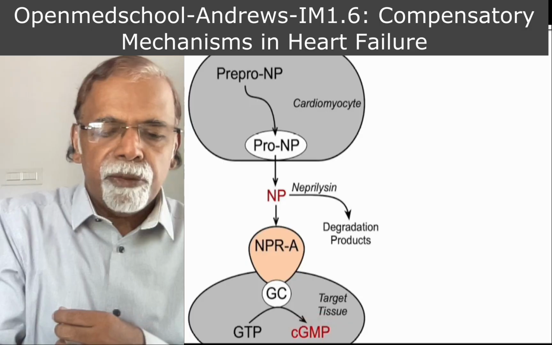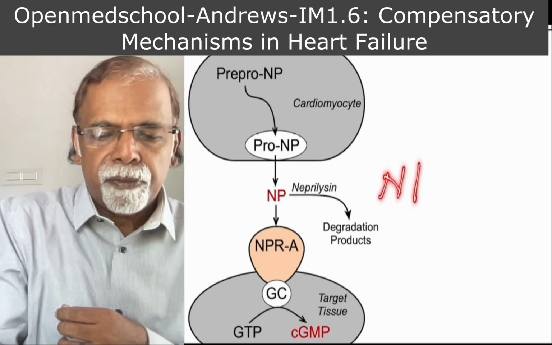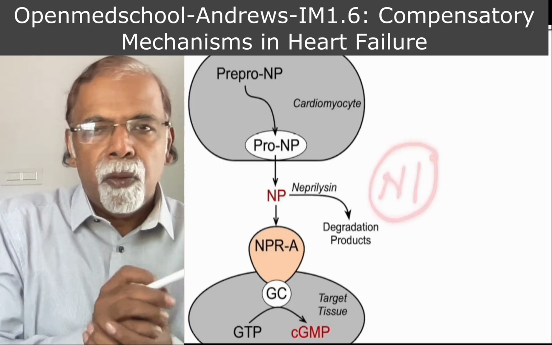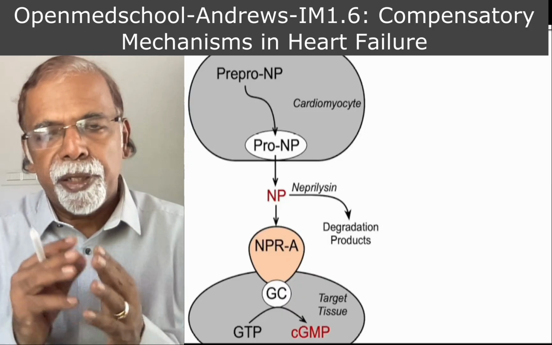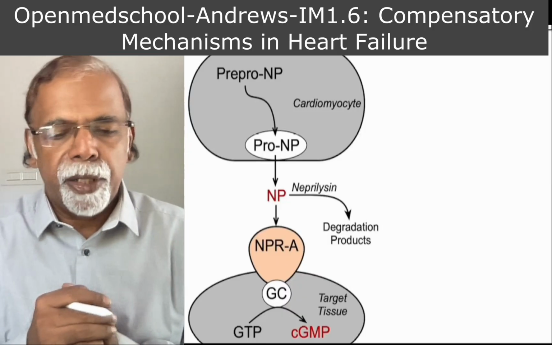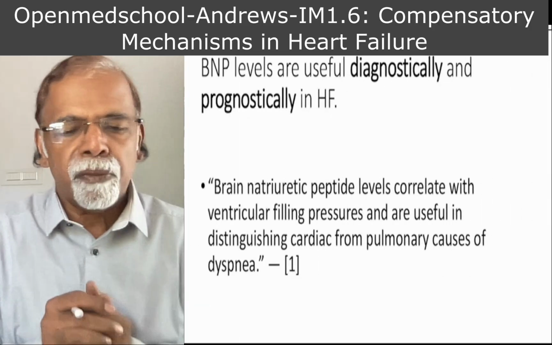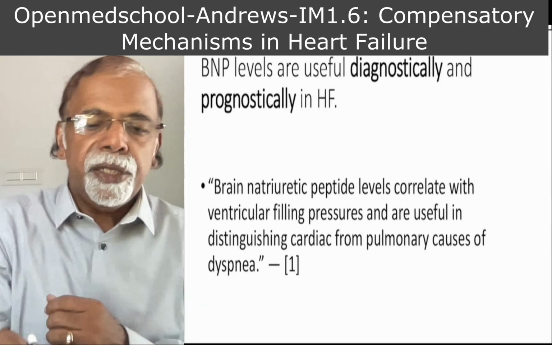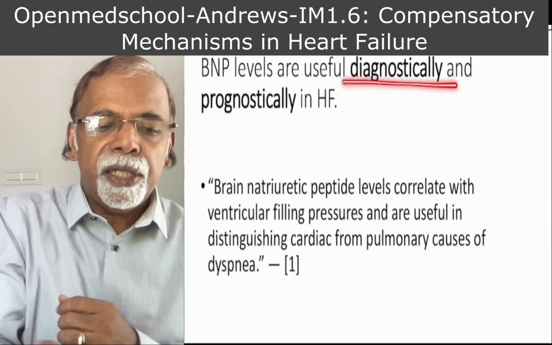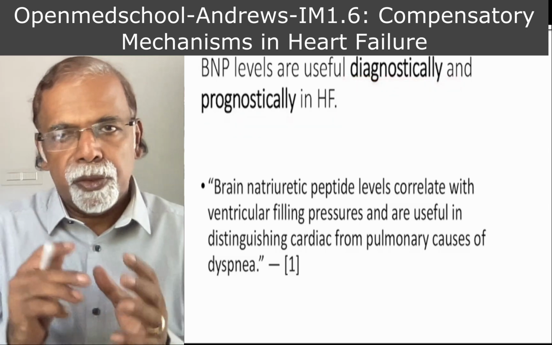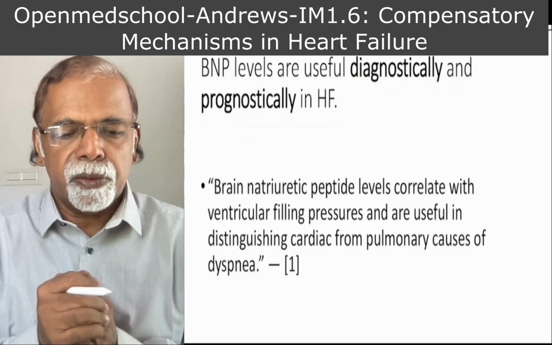So in cardiac failure, we use a neprilysin inhibitor, so that there will be a greater amount of ANP or BNP, and that is helpful in managing heart failure. The importance of BNP is that it is useful diagnostically and prognostically in heart failure.